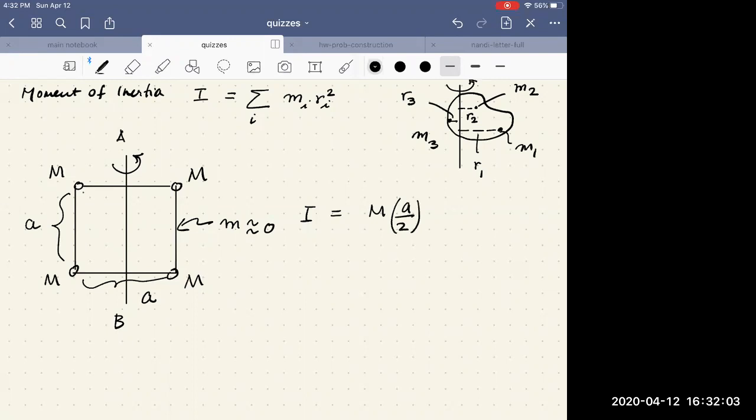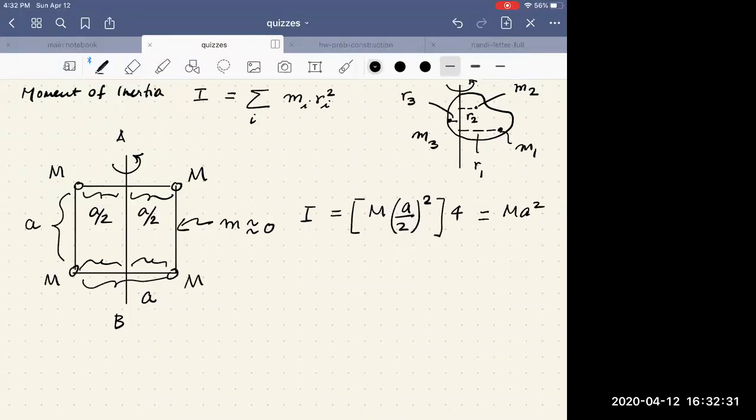A over 2 being this distance here, and this distance here. These are all a over 2. And same here. So I have M times (a over 2) squared, because that's m r squared, and then I have 4 mass points. So it'll wind up being simply M a squared. So you can see it's a very straightforward calculation.